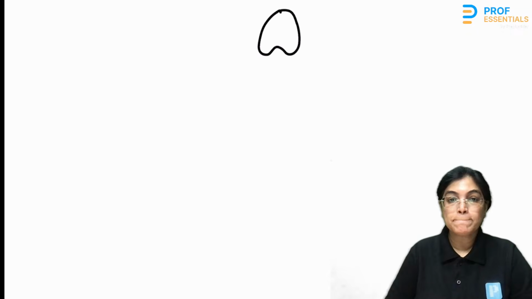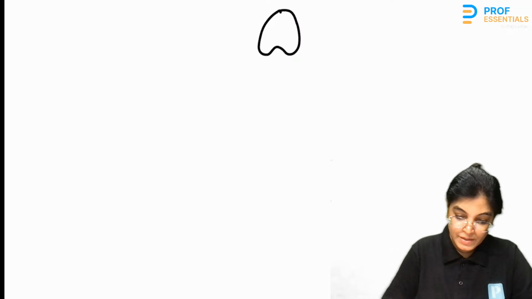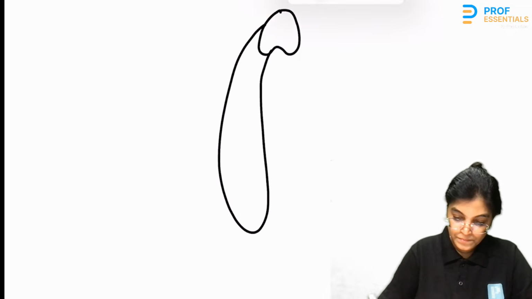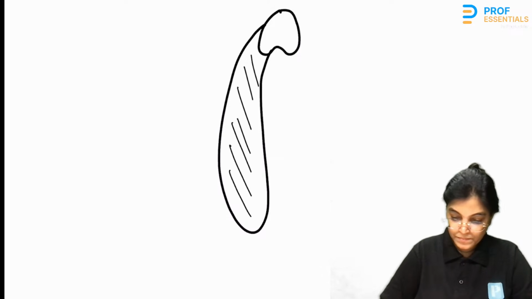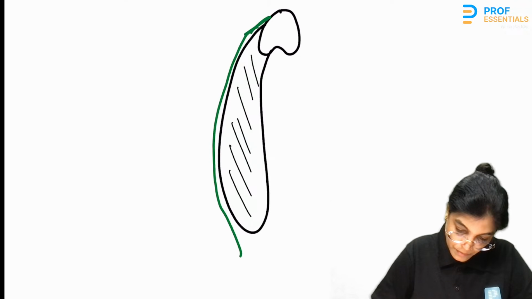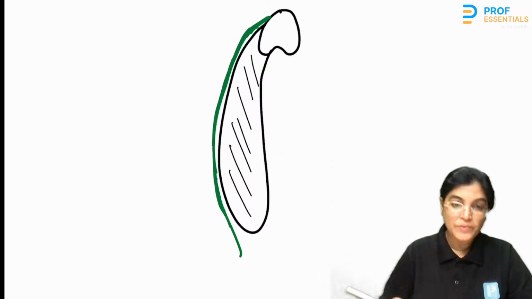So again, I am drawing here the cut part of the clavicle. Attached to it is the muscle, covered by pectoral fascia, shown in green color.